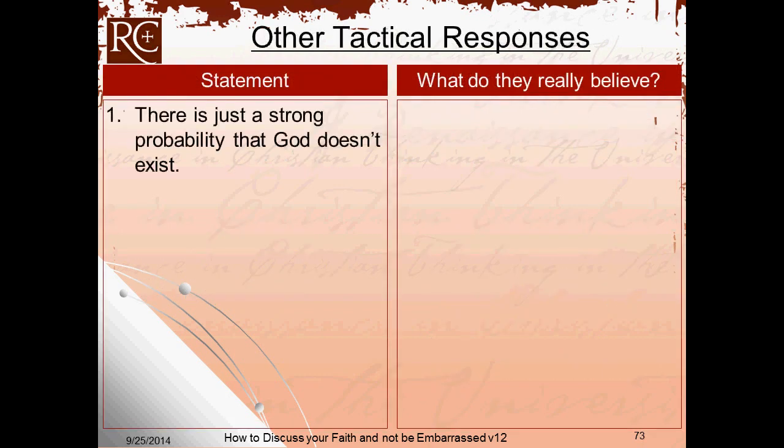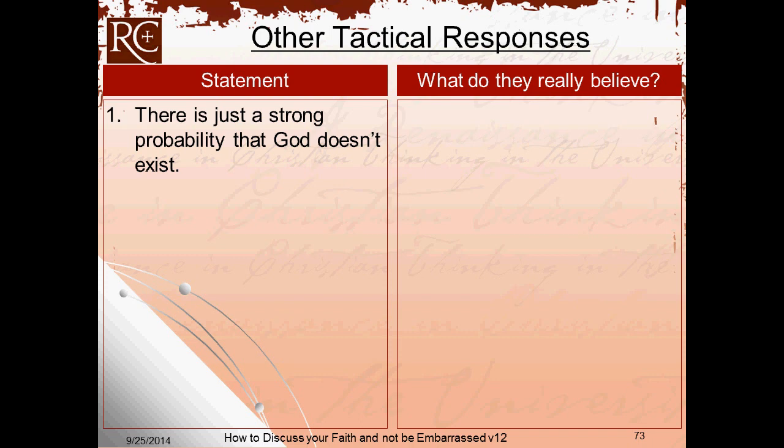Okay. So now we'll talk about 3C, and we'll go through some statements, and we'll talk about some responses. Hopefully you're seeing the pattern. They said there's just a strong probability that God doesn't exist. This is a statement that Richard Dawkins made in, what was that? Expelled was the DVD.